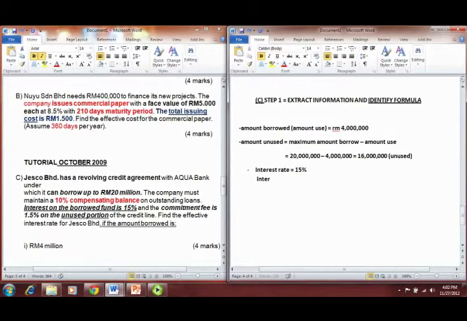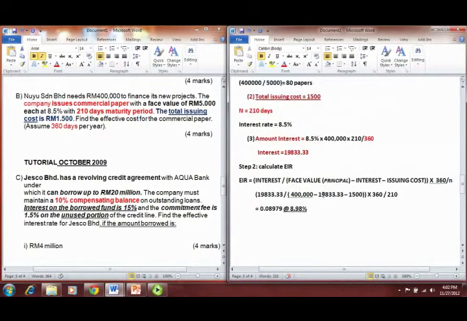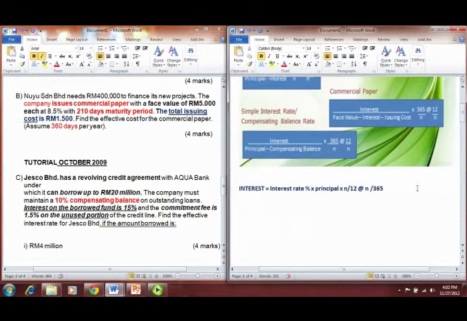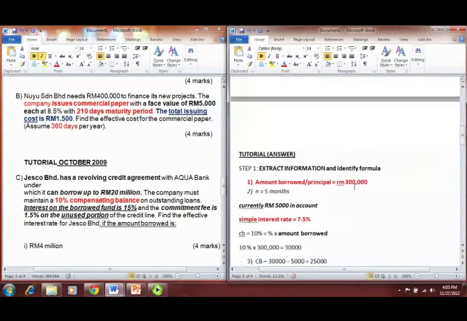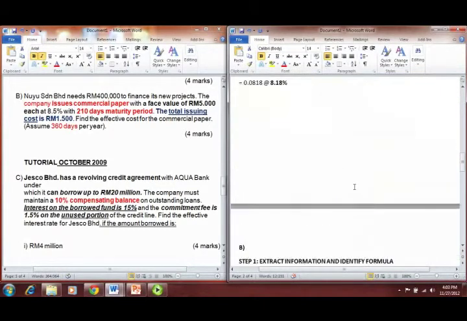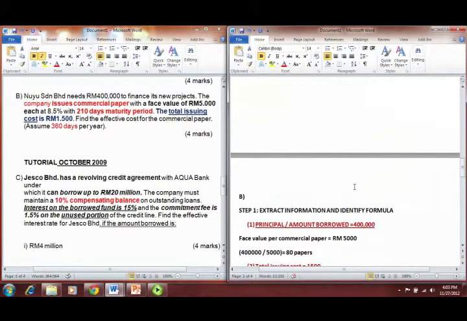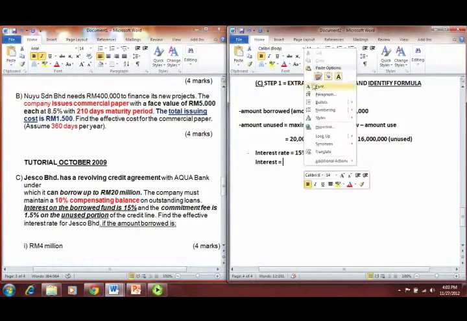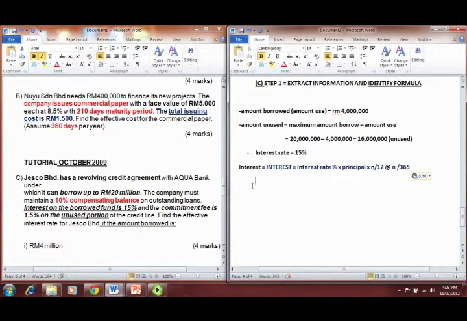What is your interest amount, class? Use the same formula, because the interest formula is the same for all EIR. So this is the formula.